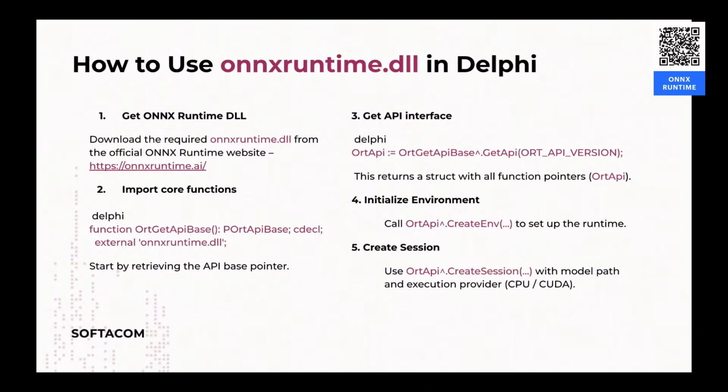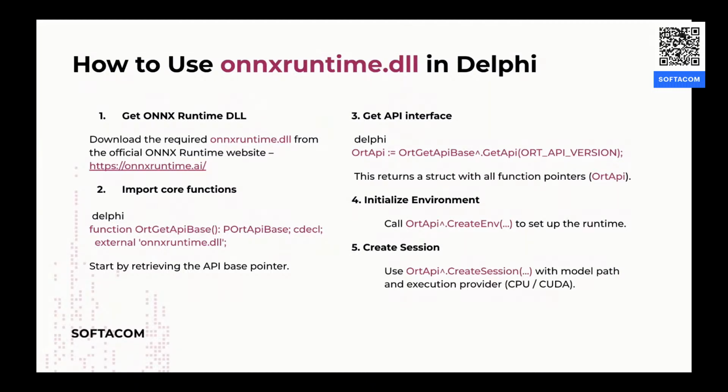This function, called OrtGetApiBase, basically gives you access to the entire ONNX runtime API. It looks something like this: Delphi function OrtGetApiBase, cdecl, external onnxruntime.dll. Once you have that, you call it to get the API interface, which is a struct with pointers to all the functions you'll use. It's like your toolbox for running ONNX models.